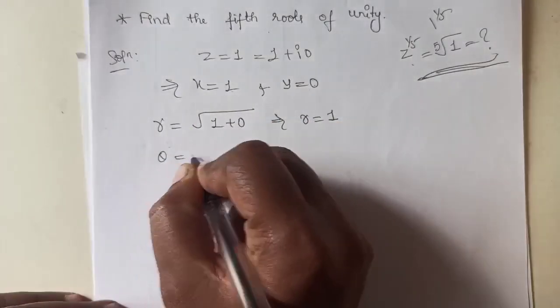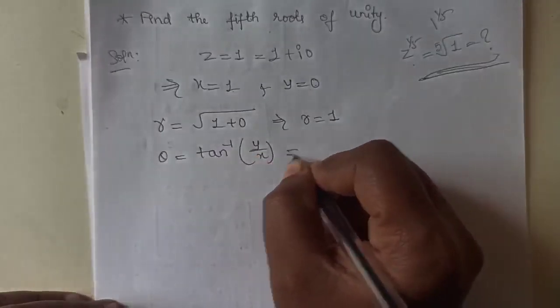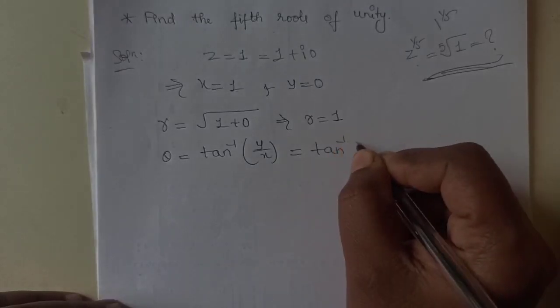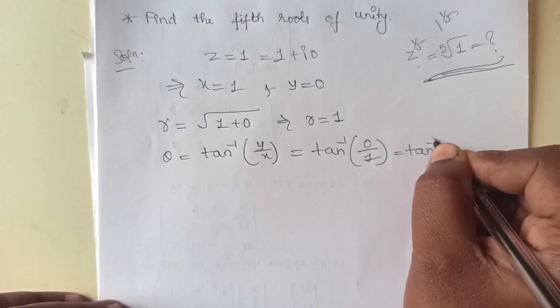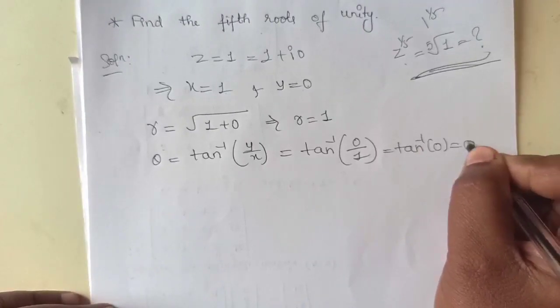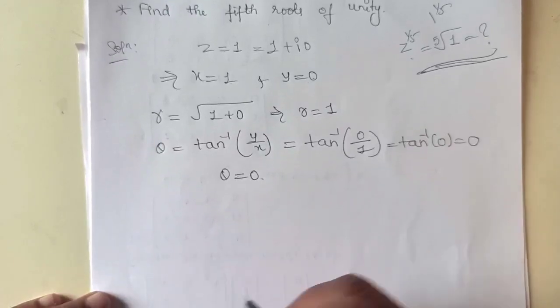And theta equals tan inverse of y by x, that is tan inverse of 0 by 1, which is tan inverse of 0, which equals 0. So the theta value is 0.